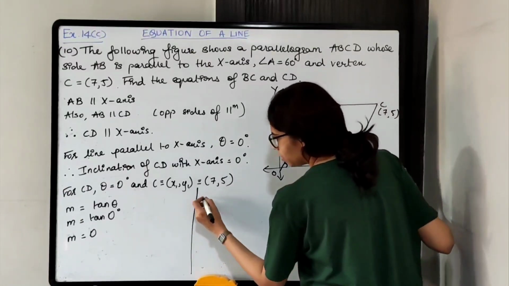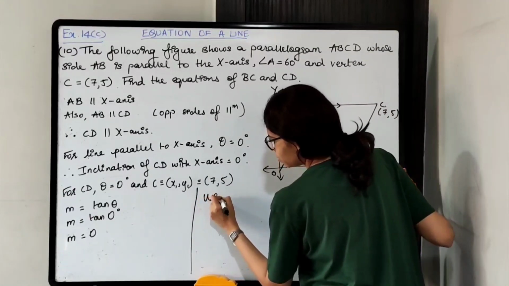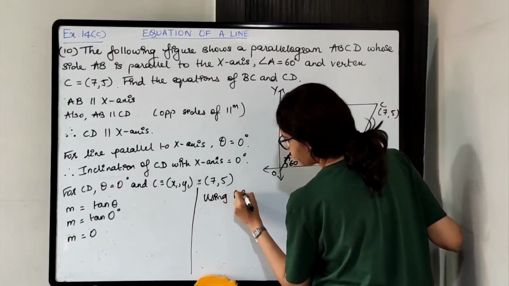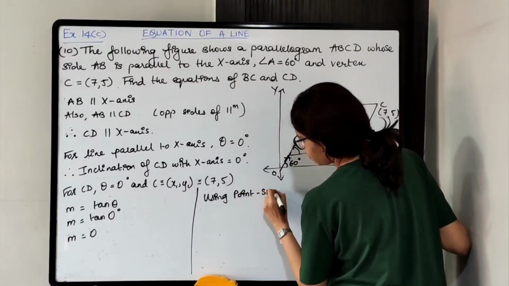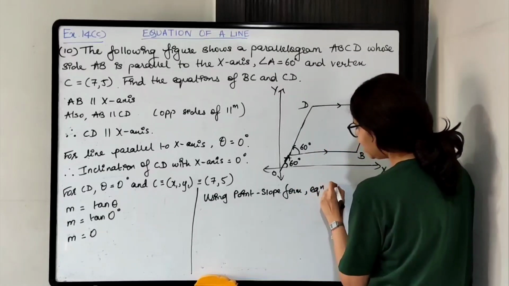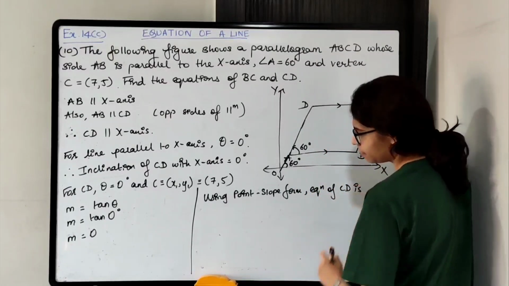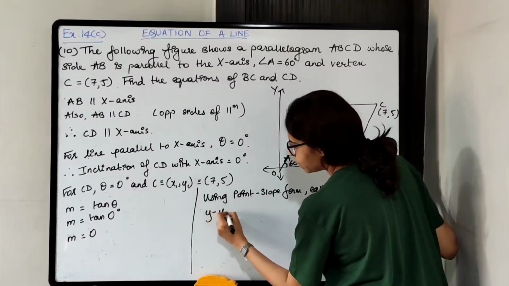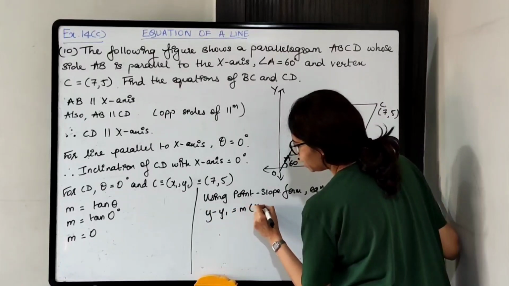So write down, using point slope form, equation of CD is y minus y1 equals m into x minus x1.